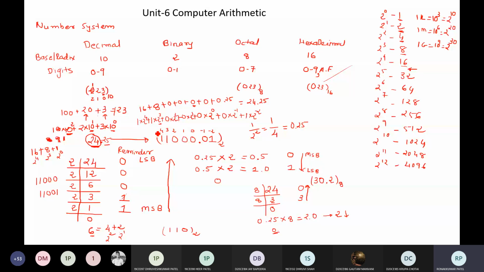And this is true if you want to convert from any base to decimal. If you have an octal number and you want to convert into decimal, then this base will change. Radix. Just remember, take the digit, multiply with radix raised to position.